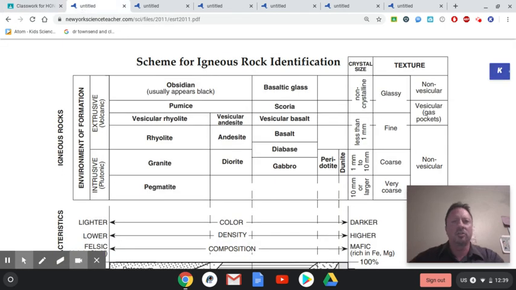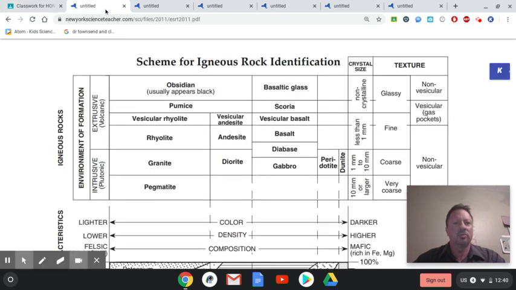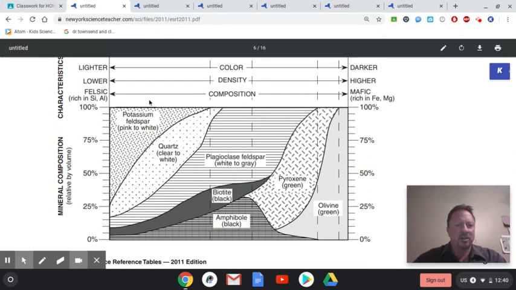Now, I've never used that term monomineralic, but can you figure out what it means? Break it down. Mono and mineral. One mineral. Mono always means one, right? It even says that on the sheet: made of only one mineral. So what rock is made of only one mineral? Remember all the minerals that these rocks are underneath. Everything over here is made up of 5 minerals.